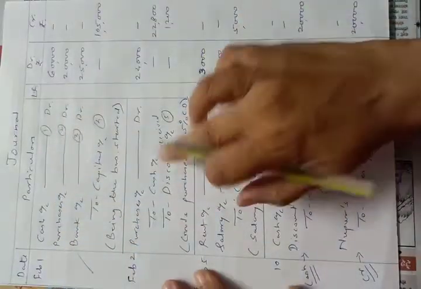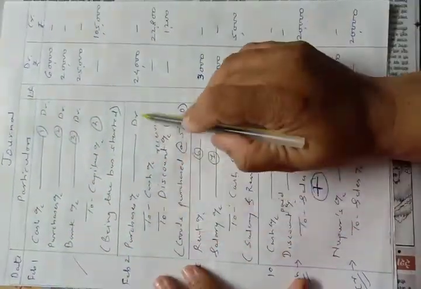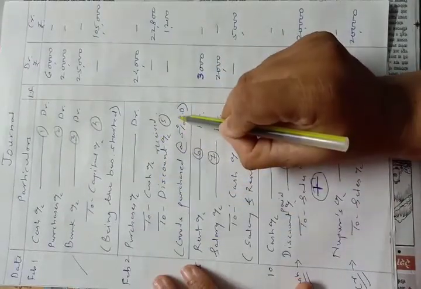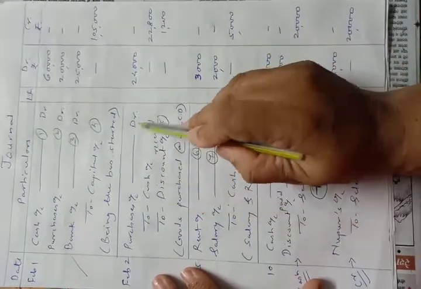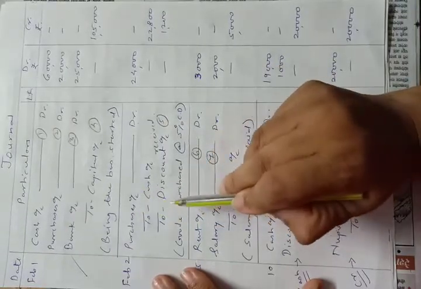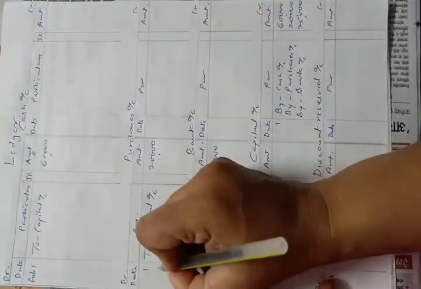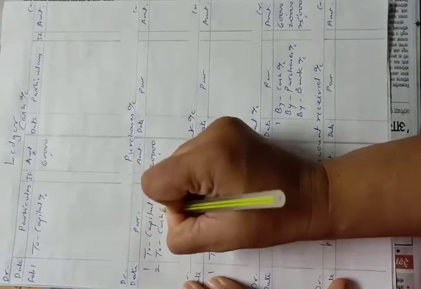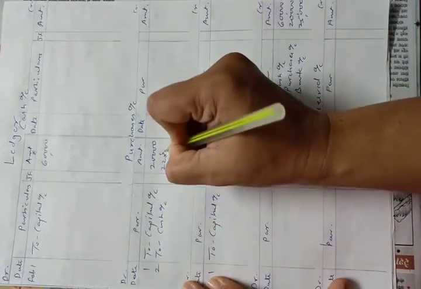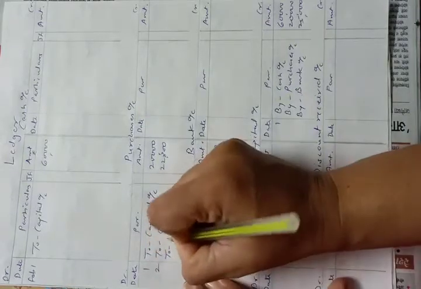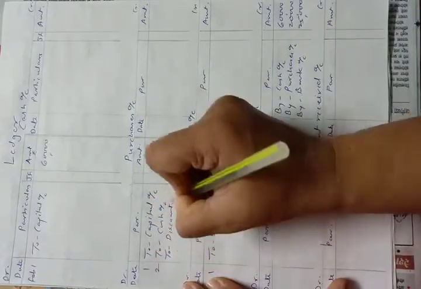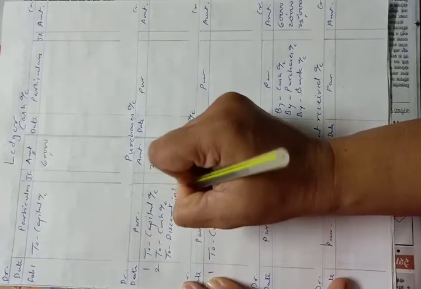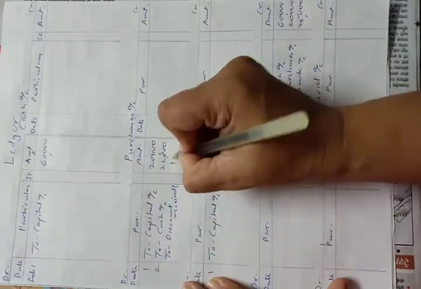So we have posted this entry. Now this entry, purchases account debit to cash account and to discount received account, means we have to write on the debit side of the purchases account, on February 2nd, to cash account 22,800 and to discount received account 1,200.